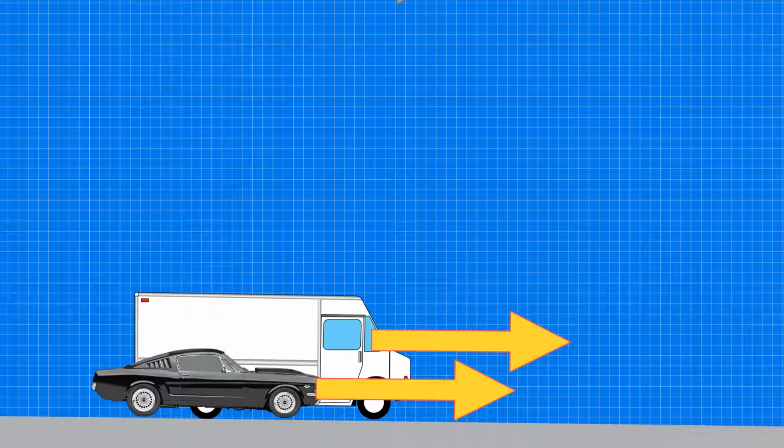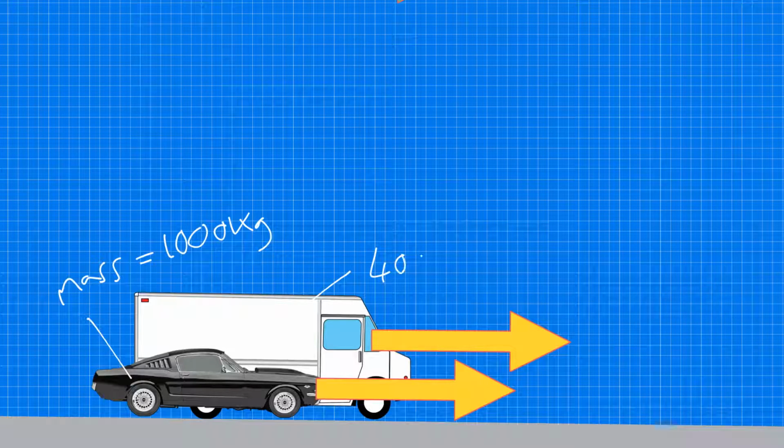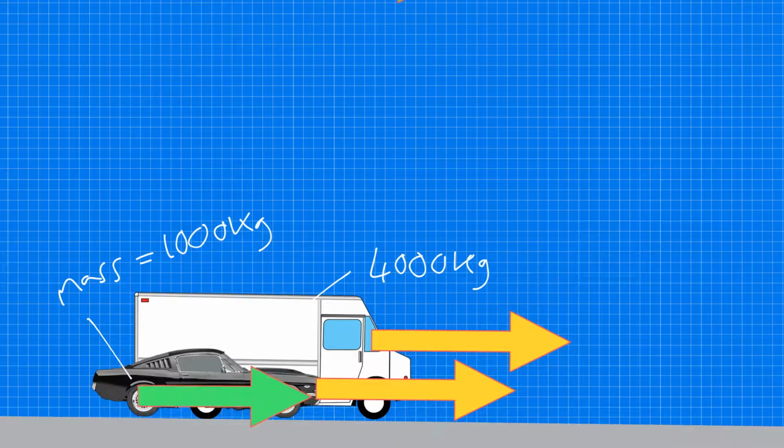Now if we say the car has a mass of 1,000 kilograms and the van has a mass of 4,000 kilograms, Newton's second law says that if they experience the same force, the object with the greater mass will see a smaller acceleration. So in this case, our car would have a larger acceleration than the van.